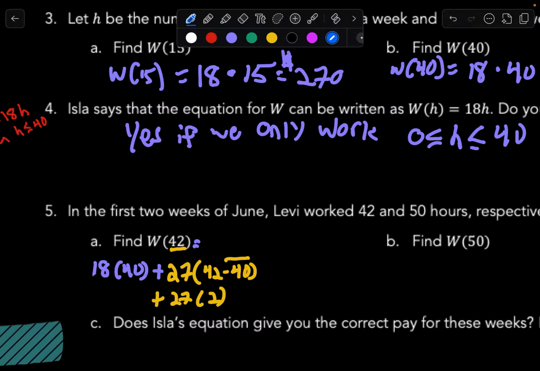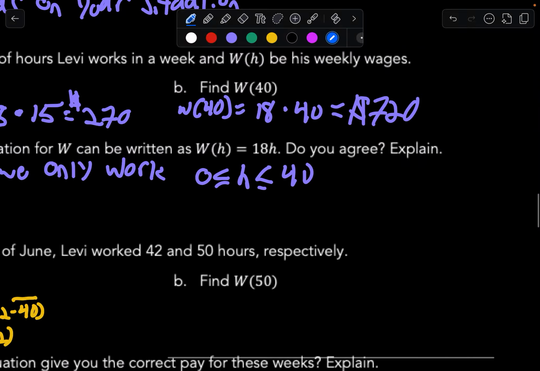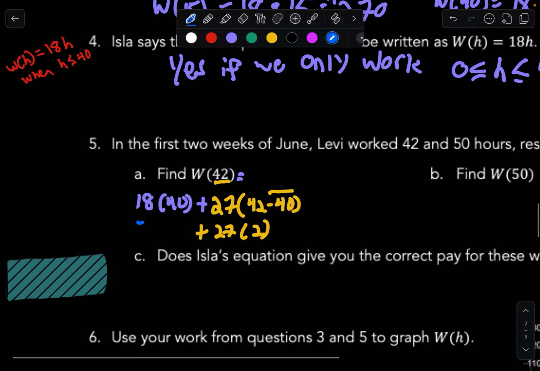And then we know what 18 times 40 is. 18 times 40 is 720. So W of 42 would be 720 plus 27 times 2, which is $774.